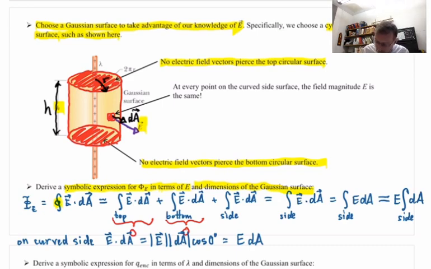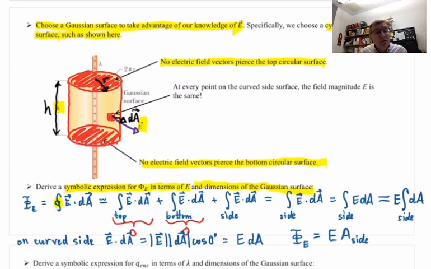So what we now have, I'll write it right here, symbolically, for the total electric flux through that Gaussian surface is the magnitude of the electric field at every point on that curved side times the surface area of the curved side. Now we do have to remember a little bit of geometry.